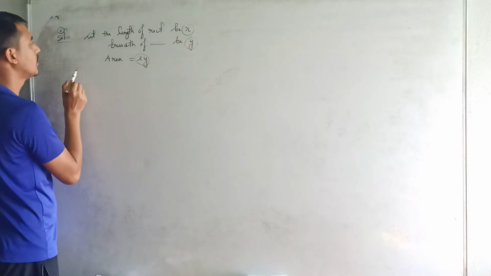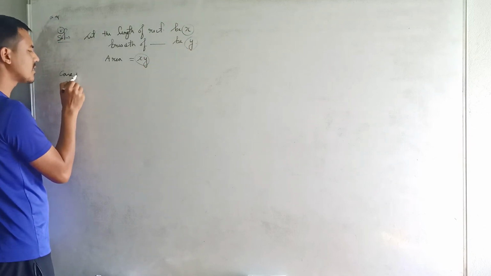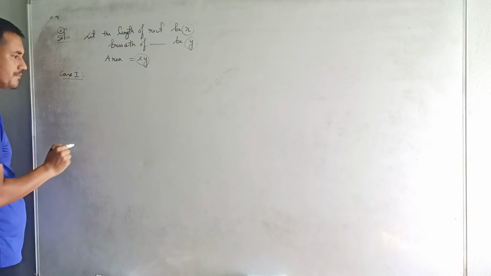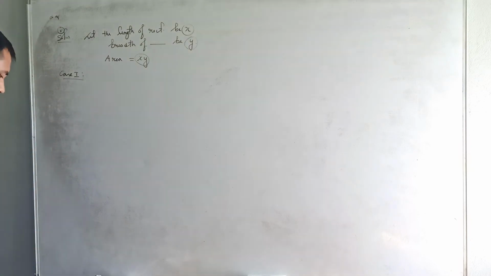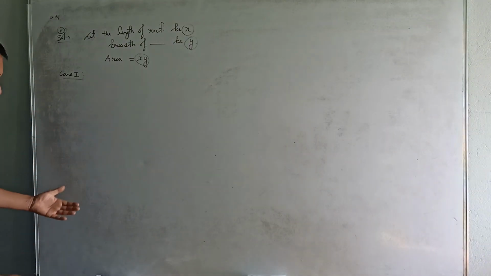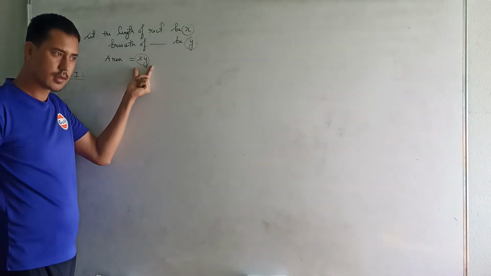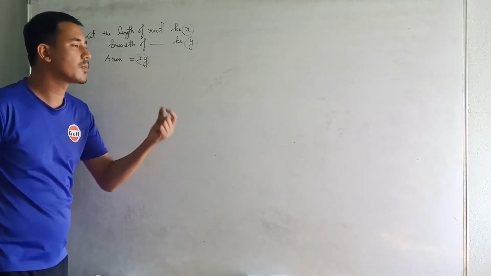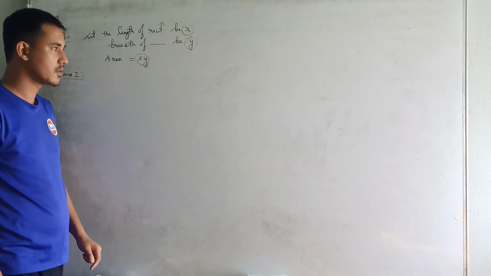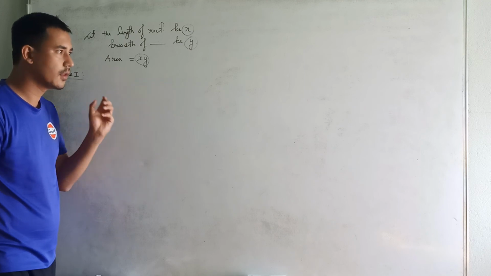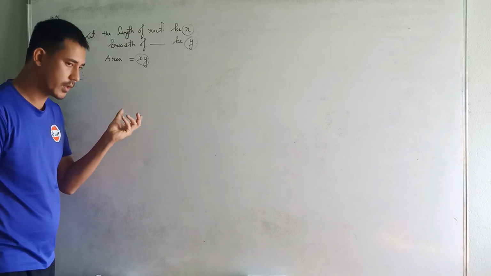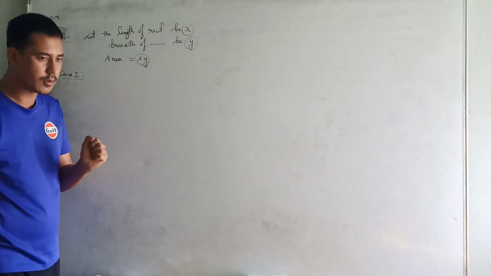Alright, now let's look at the first case. What is happening? Your area gets reduced by 9 units. Actually this is your area, but it reduced by 9 units. So what will be your new area? xy minus 9 will be your new area.